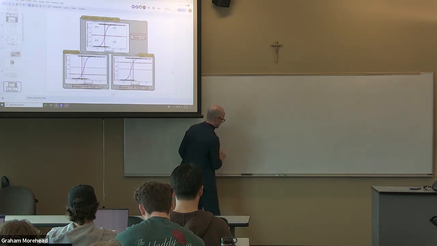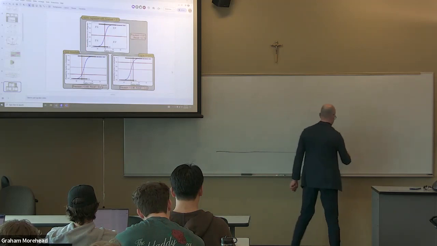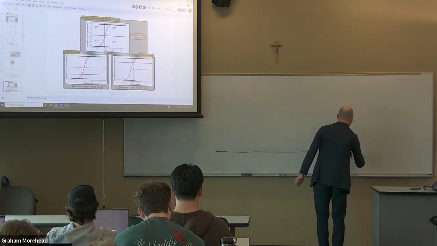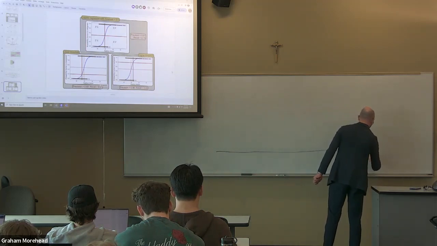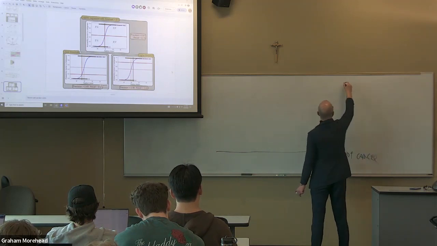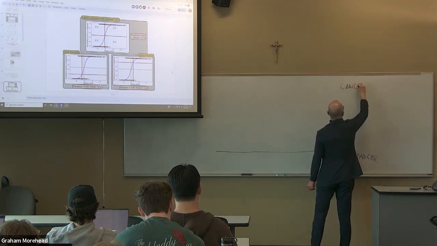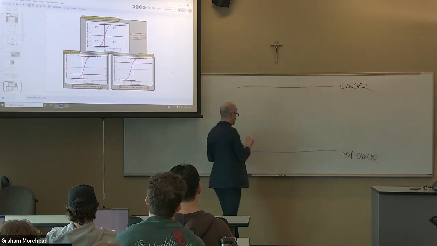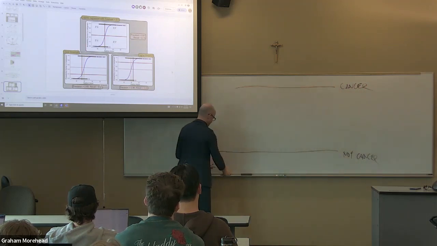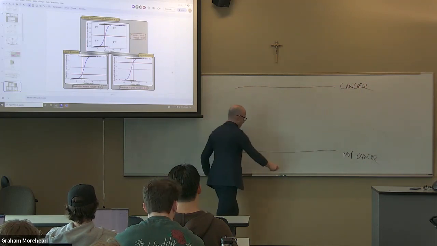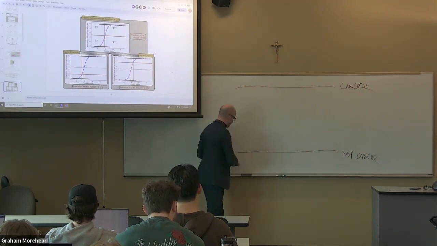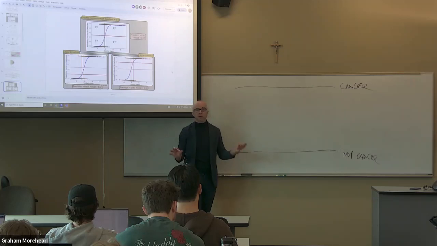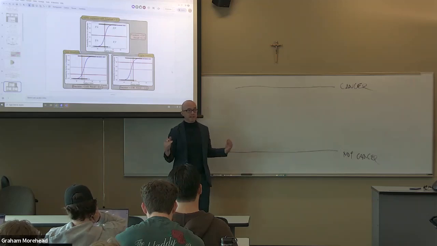Let's say down here, we have not cancer. And up here, we have cancer. So we have some model that's doing a prediction. And we have a bunch of people who have not had cancer, and they've done a test.